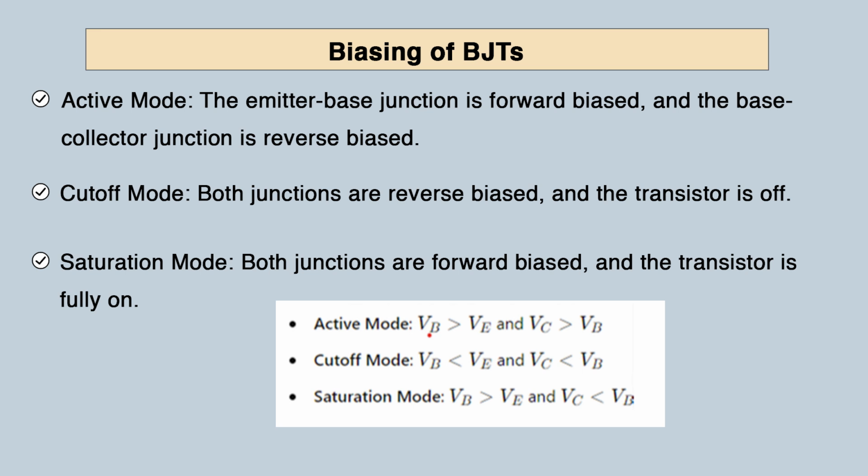Active mode has a wide range of applications in amplifiers, while the cutoff and saturation modes are used for switching. How do the active, cutoff and saturation modes come into play?